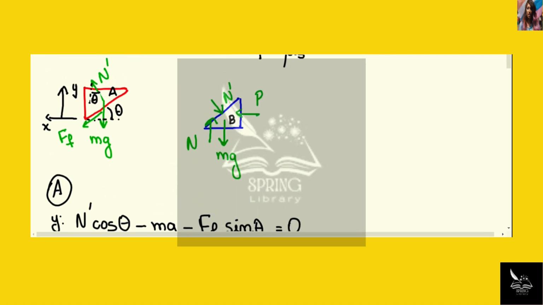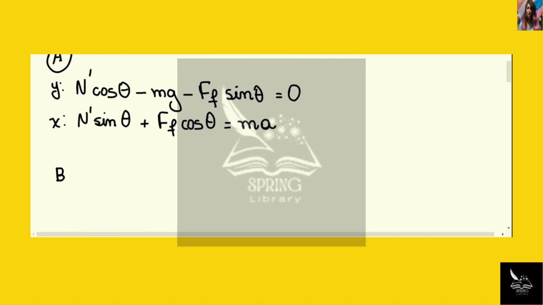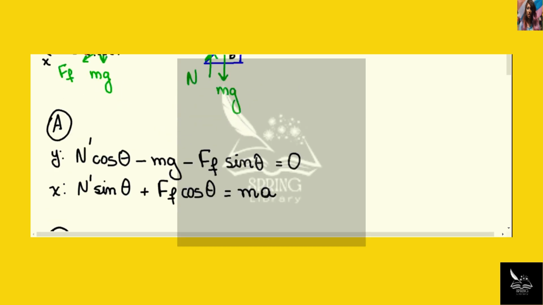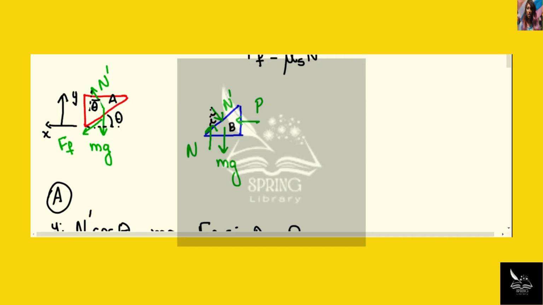Then for block B, again, this here is theta. For the y coordinate, we have minus n prime times the cosine of theta minus mg plus n.